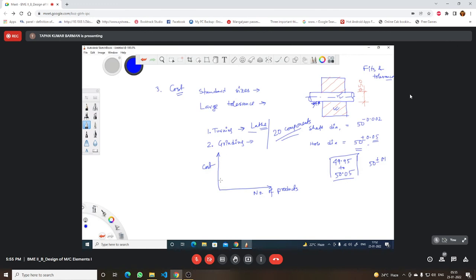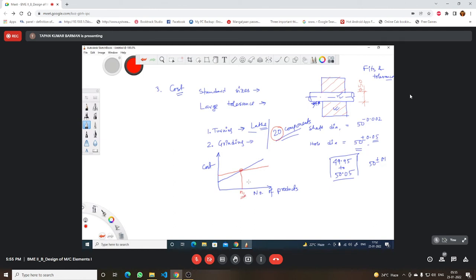For the turning operation, the initial cost is this one, and for the grinding operation, the initial cost is high, but later on the curve is like this. So here we'll find this point. Say this point is N1. Now we have to see where these 20 components fall relative to this N1 value.